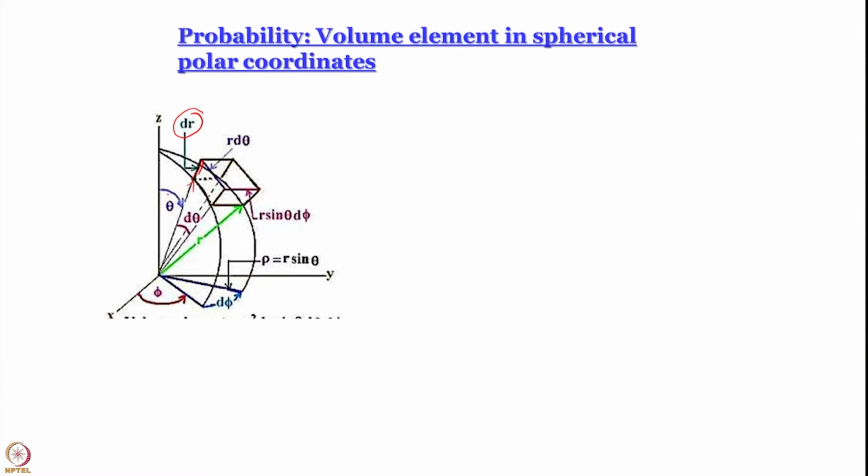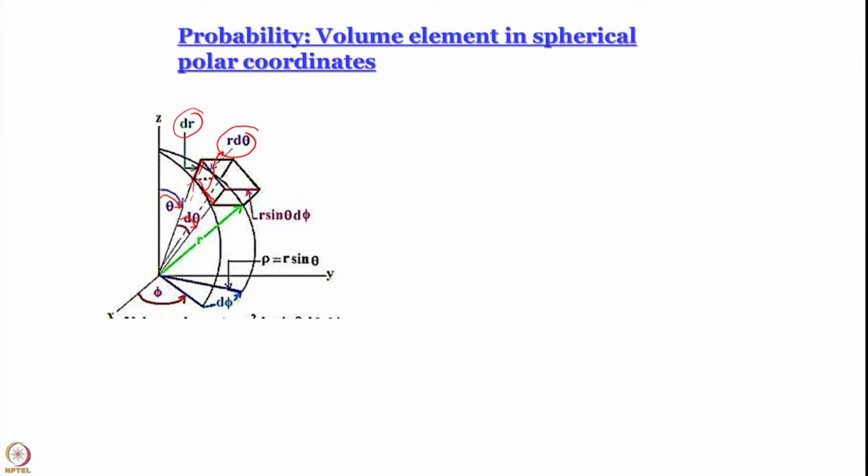So, we increase theta by a small amount d theta. The side that we generate of the volume element is essentially this one. And what is the length of this arc? Well, r multiplied by d theta, right. d theta is a small angle, remember, so it is going to be r multiplied by d theta.